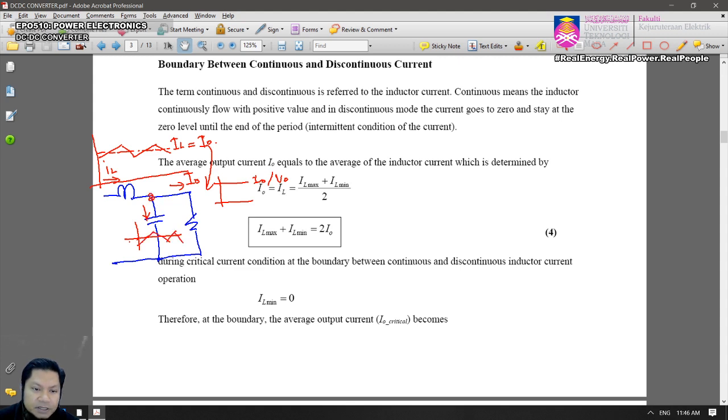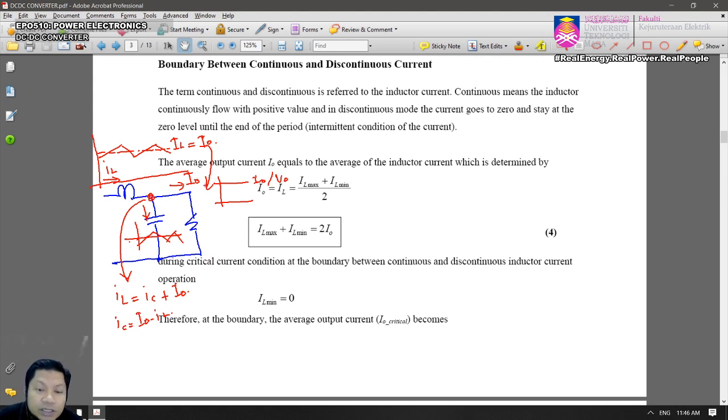Why? Because at this point, IL equals IC plus I naught, and IC equals IL minus I naught. Right?